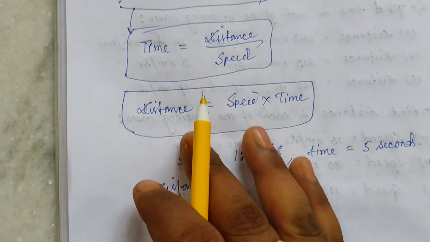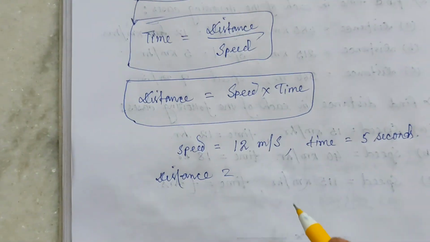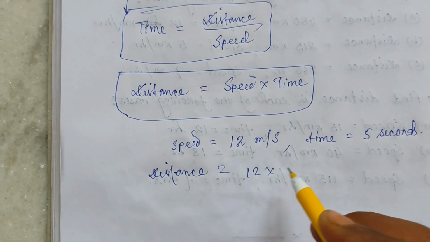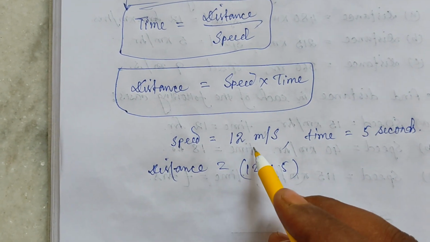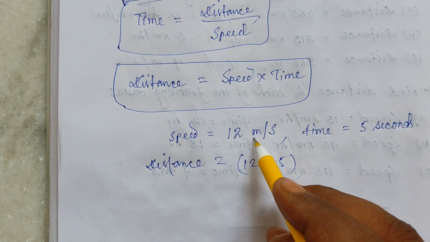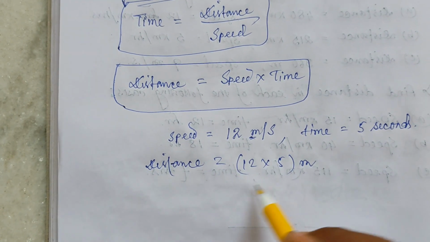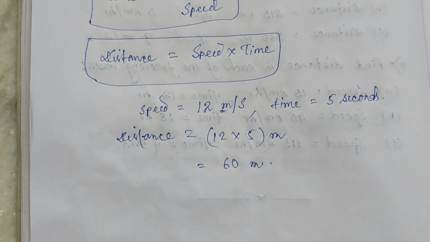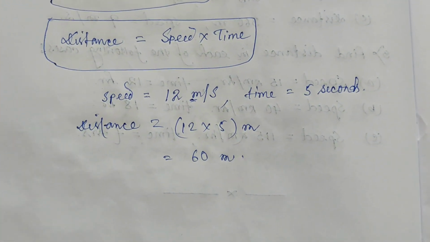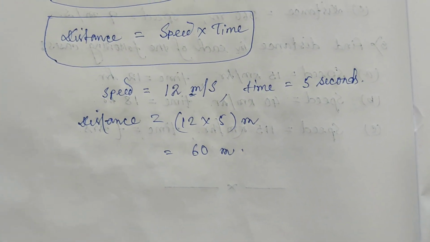We can see distance equals speed into time, that is 12 into 5, and here the unit of speed is meter. So 60 meter. 12 into 5, that is 60 meter.